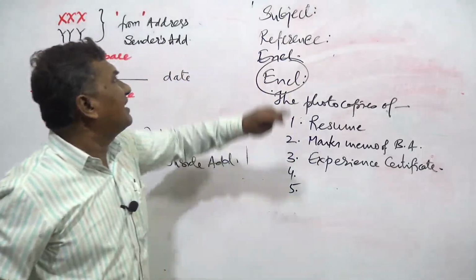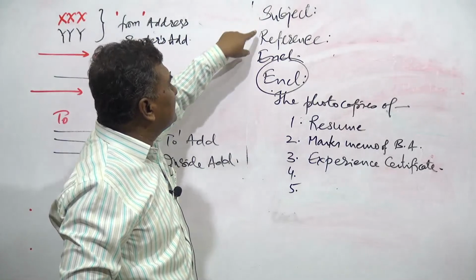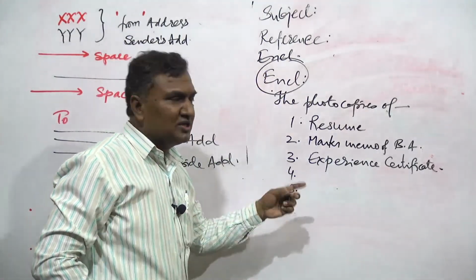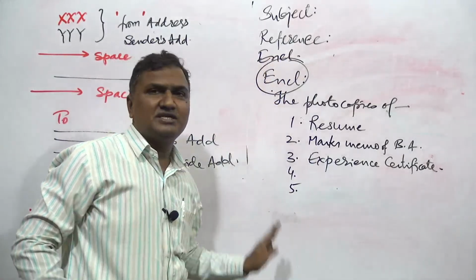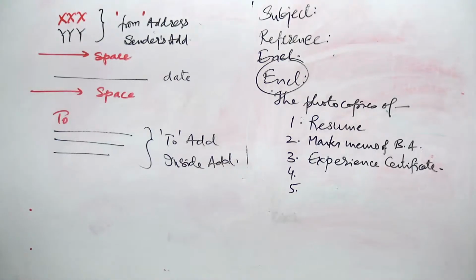Yes, this part can come after dear sir, subject, reference, enclosure. The documents are mentioned here also, and very conveniently you can mention it at the end. So let me now take you to the format of the formal job application letter.